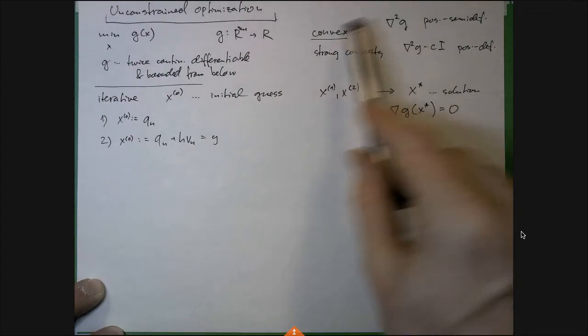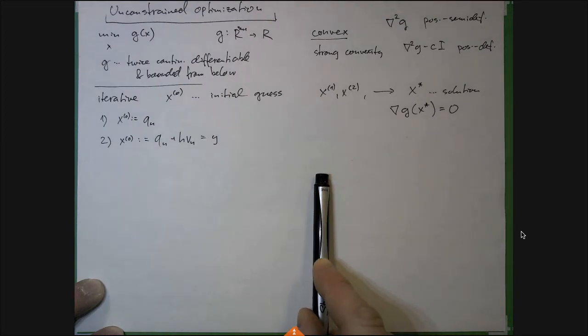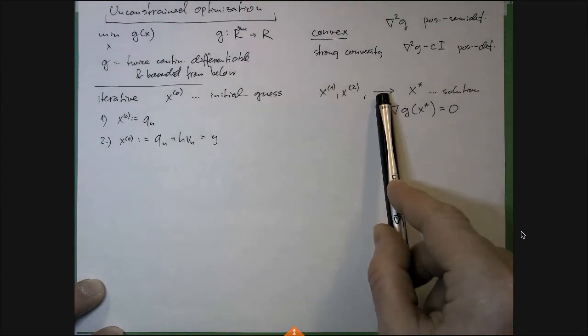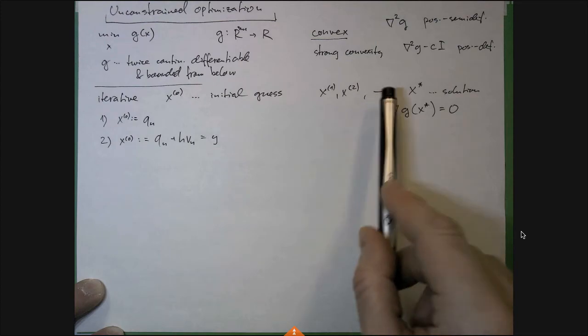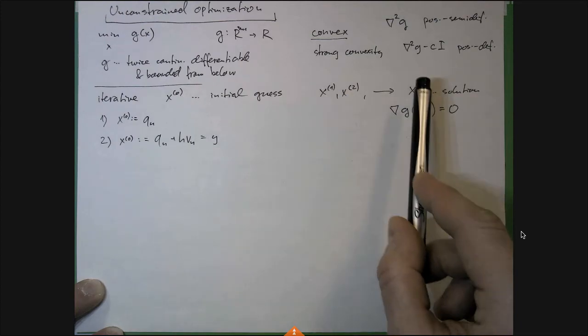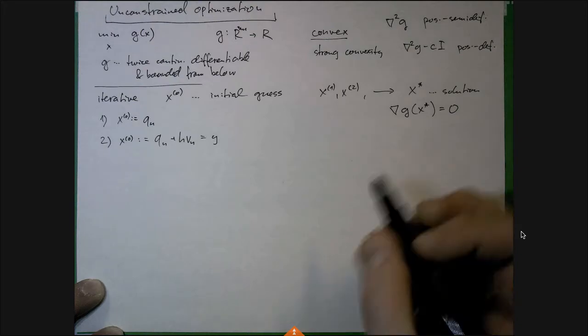In theory, for convex optimization, for any initial guess, you would get a solution. But a good initial guess will allow you to get to the solution faster, doing fewer iterations. The name of the game is to converge to the solution in not too many iterations, because each iteration costs you some computation. You want to cut that down.